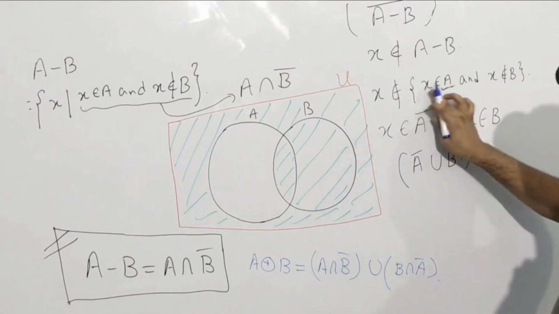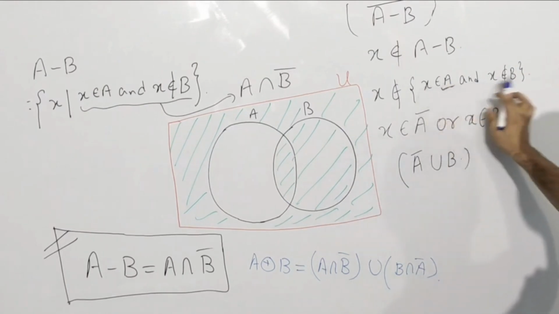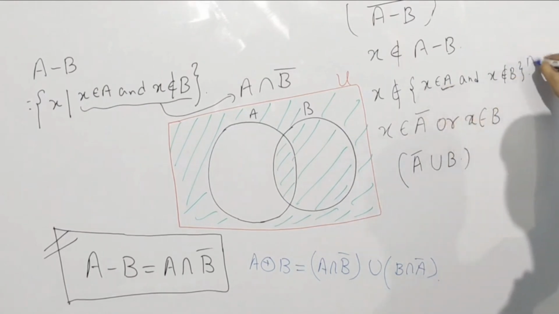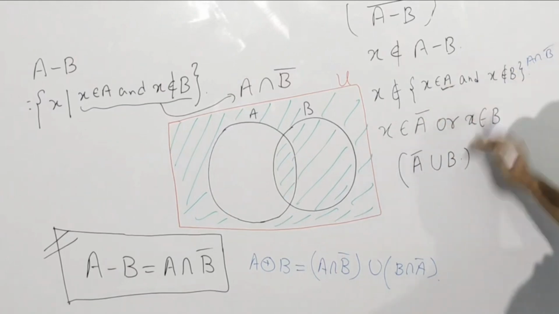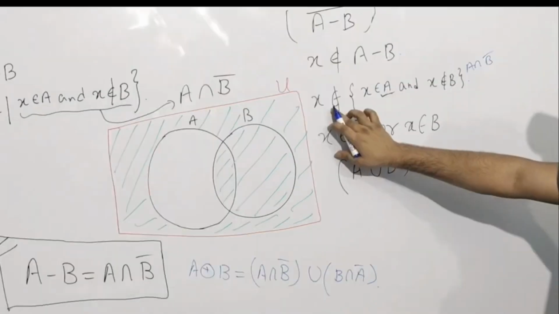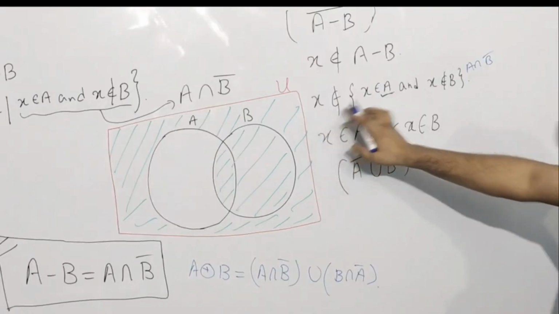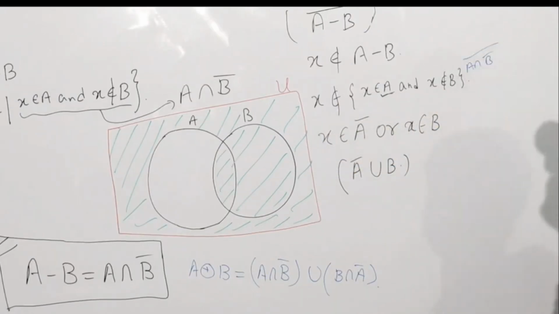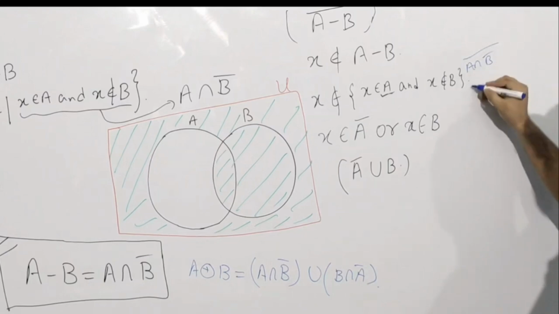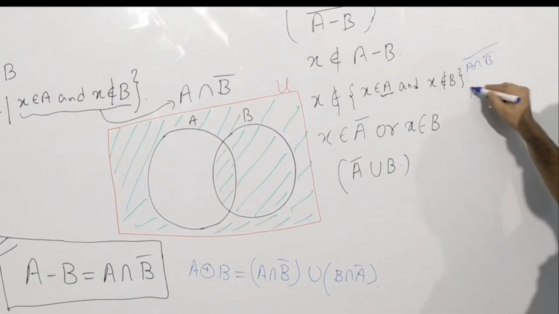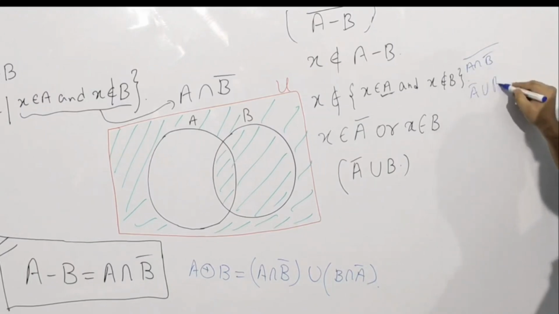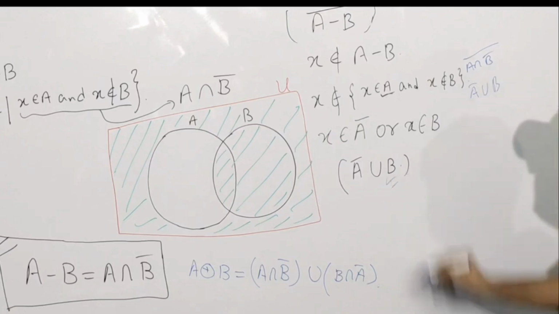What am I doing? X belongs to A and X does not belong to B. This is nothing but A intersection B complement directly. You can write it like this, and since X does not belong to this, it means the complement of it. Now directly apply De Morgan's law: A complement union B. That's what it is.